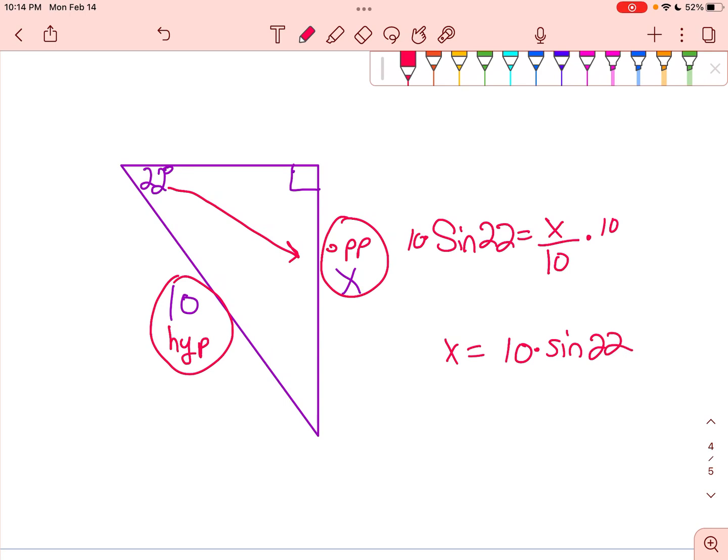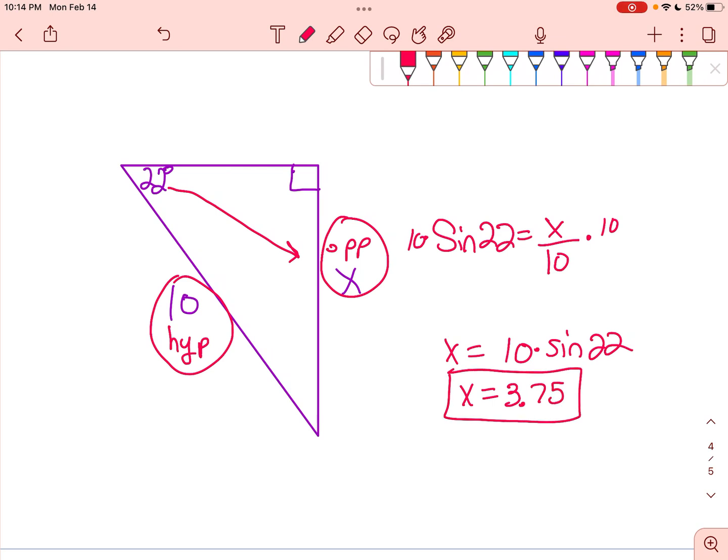If you don't have a calculator or if they ask for exact answers, that's how you would leave it. If you do have a calculator, you're just going to type in 10 times the sine of 22. And I'm getting that x is approximately 3.75.